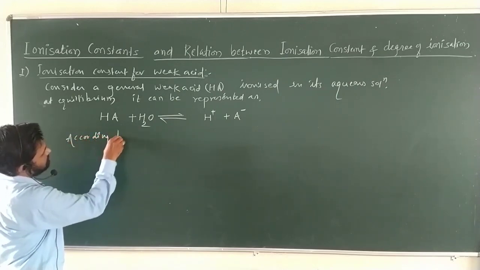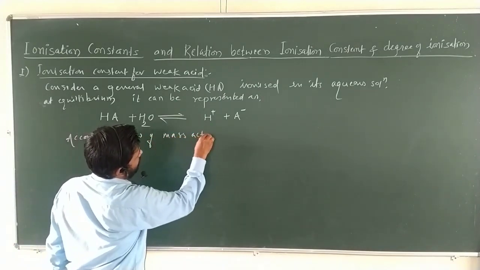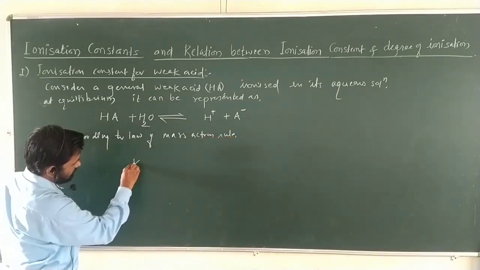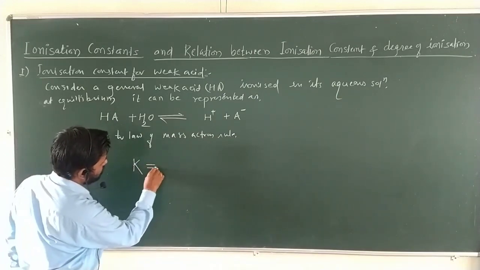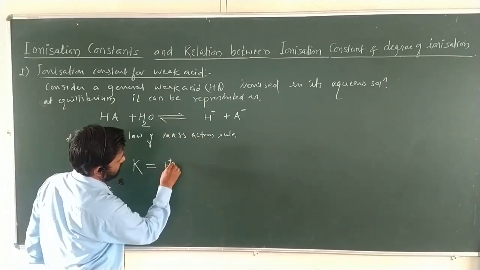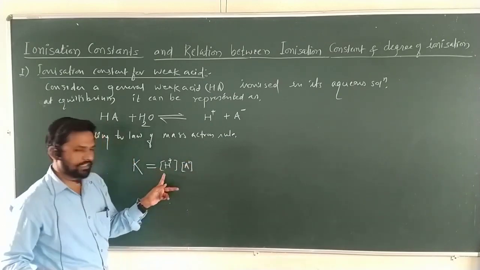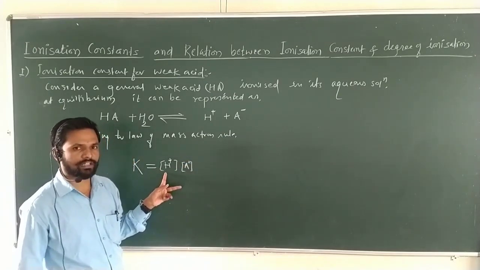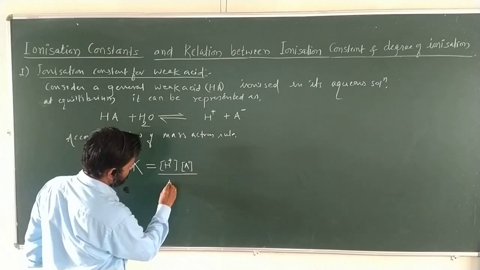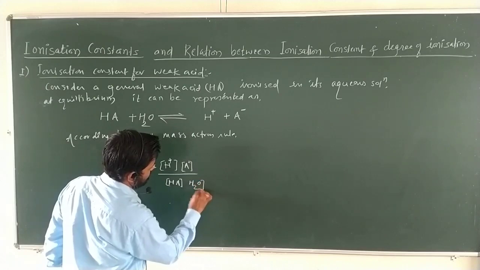How can we write it? The equilibrium constant K is equal to the molar concentration of the products divided by the molar concentration of the reactants. Whenever we write the molar concentration, it is represented in square brackets.